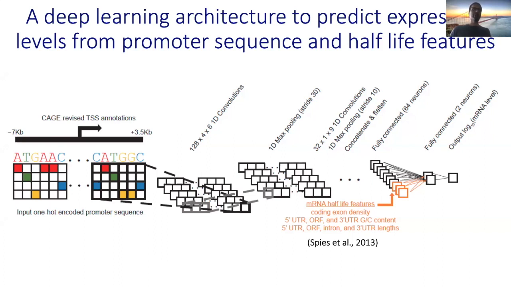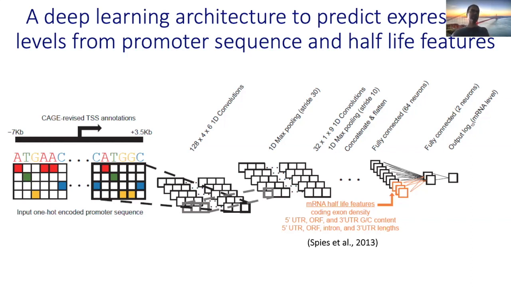A paper by my former colleague, Noah Spies, discovered that there are several simple features that can explain a good degree of mRNA half-life, including coding exon density, which alludes to the number of exon junctions per unit length of the coding sequence of the mRNA. That's actually the dominant feature that governs, or is at least correlated with, mRNA half-life.